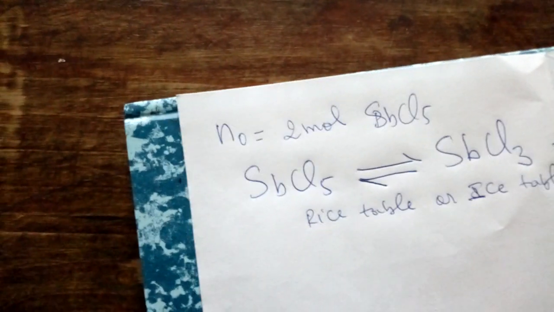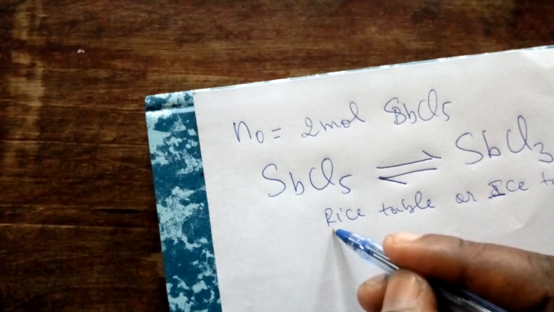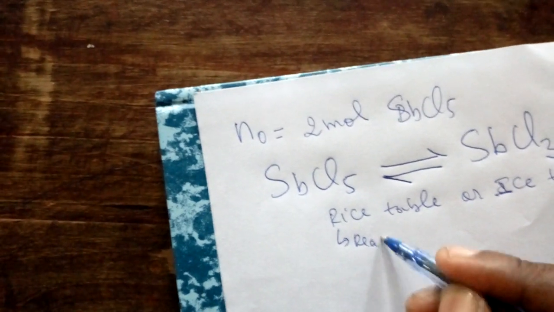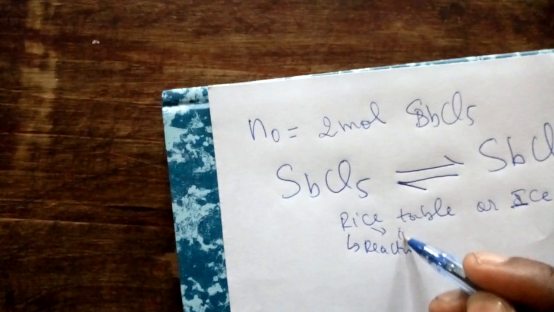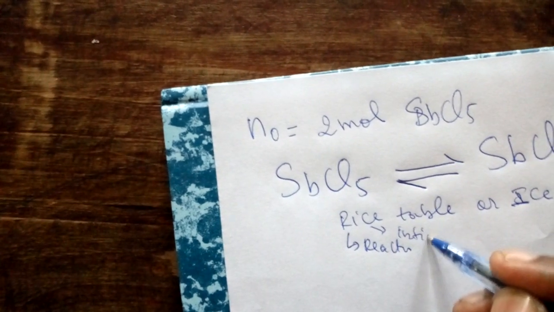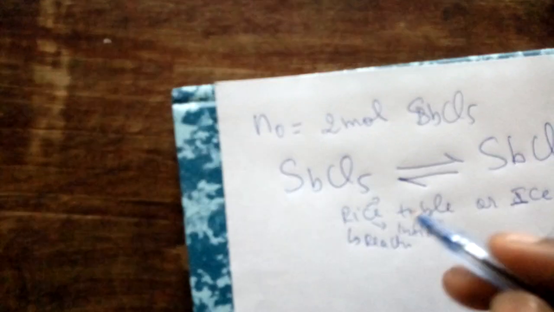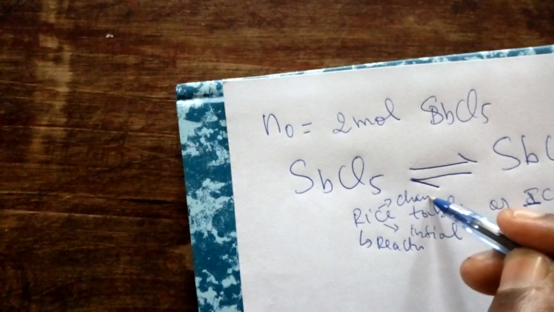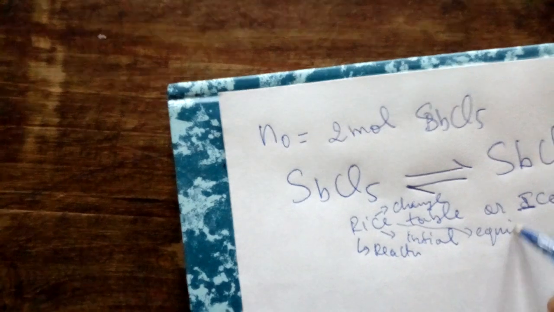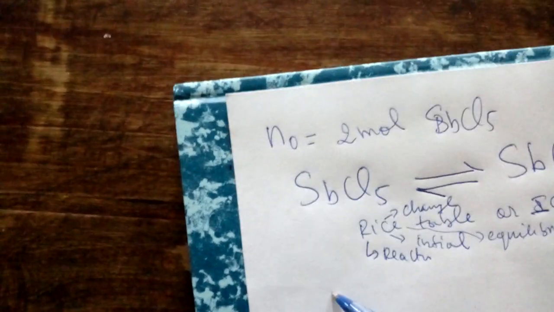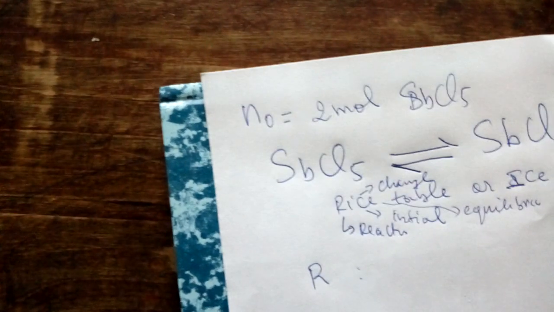Now, in the table, R means reaction, I means initial, C means change, and E means equilibrium. Then for R we have the reaction.